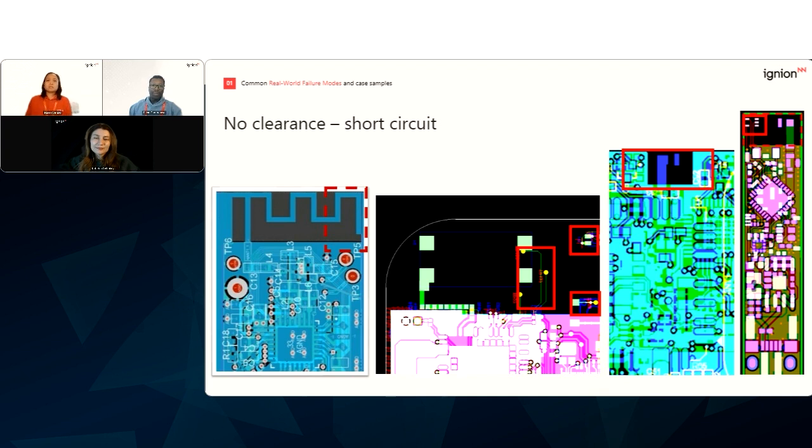And likewise, those smaller squares also illustrate more metallic components and traces that are in the vicinity of the antenna. So that's a no-no. Immediately, you're going to suffer greatly for performance.